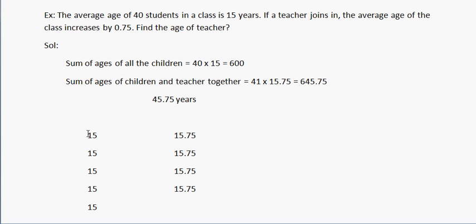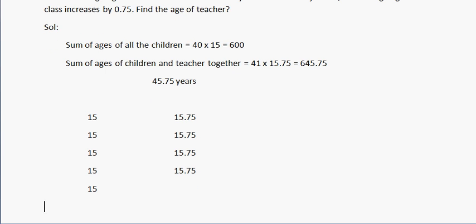Now what is the difference between each entry? The difference between each entry is 0.75, right? So this 0.75 would have been contributed by the new entry. So this 0.75 must have been contributed to all these 40 entries by the new entry. So the new entry contributes 0.75 times 40, plus it also contributed its own observation, right?